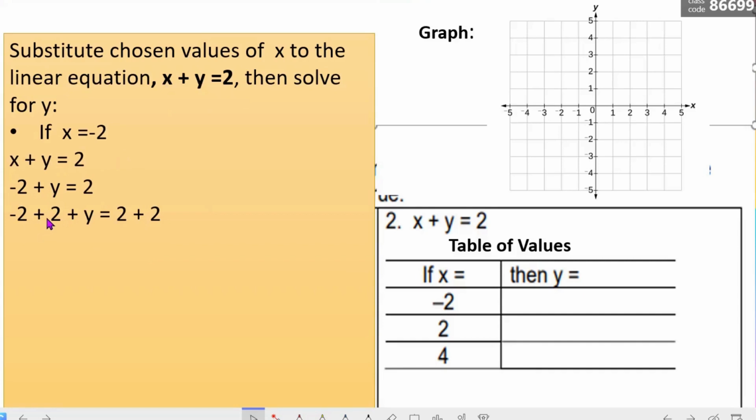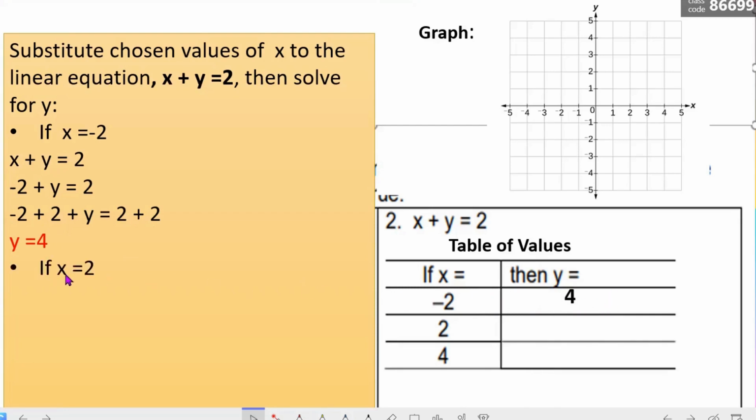So -2 plus 2 plus y equals 2 plus 2 as well. We add 2 to both sides, isn't it? So -2 plus 2 is 0. Y equals 2 plus 2, which is 4. So the pair here is 4 to complete our ordered pair on this part.